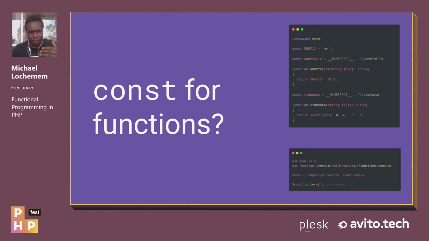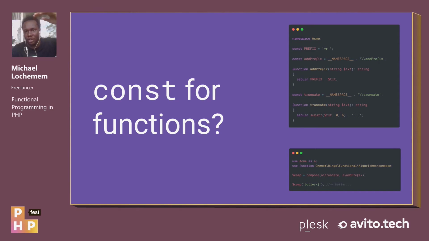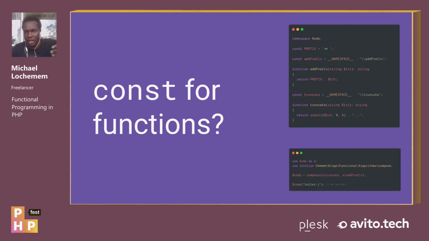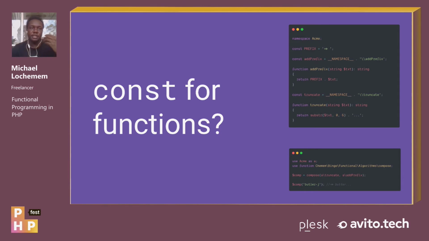So you might want to consider using the const keyword for functions, especially those that exist under namespaces, right? So you might have one file where you've declared a namespace acme, and you have functions add, prefix, and truncate, and you want to use these functions. So a nice way to use the point-free style in your code is to consider combining that with the const keyword.